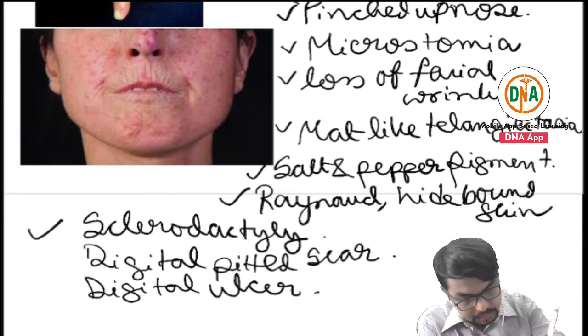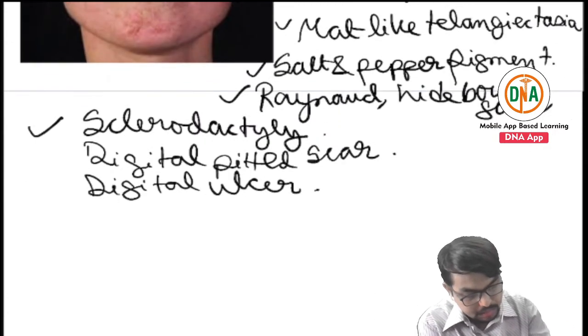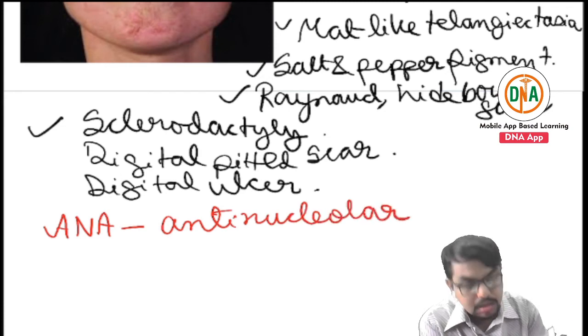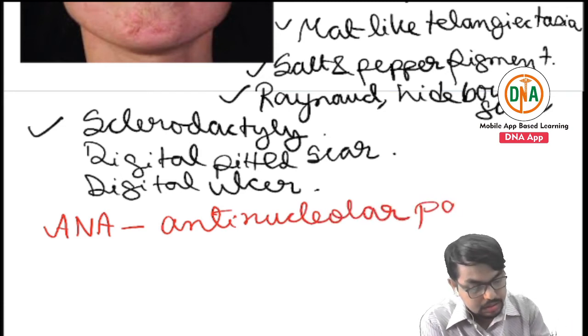What are the antibodies? Here we get ANA, anti-nucleolar pattern. ANA antibody we test here also, and we get an anti-nucleolar pattern.